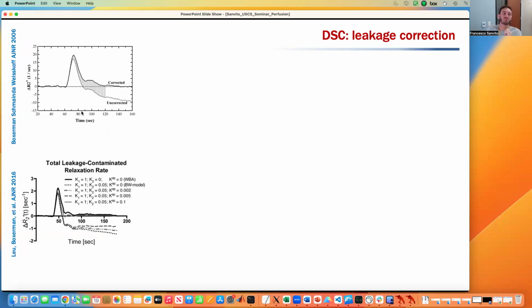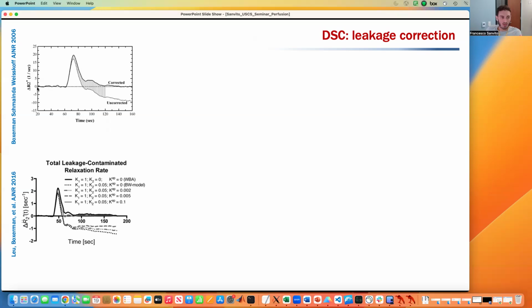leakage correction that you can see here: the uncorrected version shows T1 leakage effects, whereas the corrected version brings up the delta R2* curve and it's corrected and it doesn't show these T1 effects due to possibly extravasation of the contrast agent.